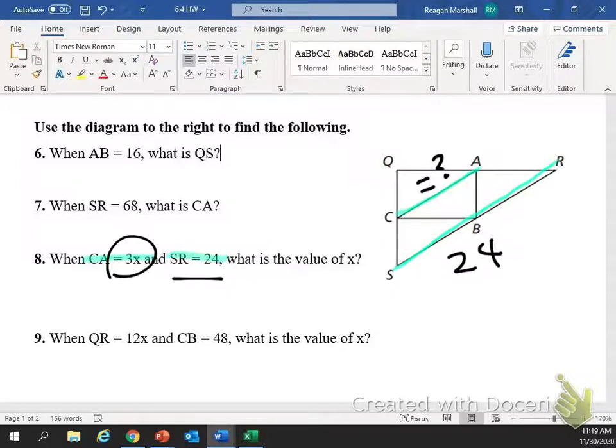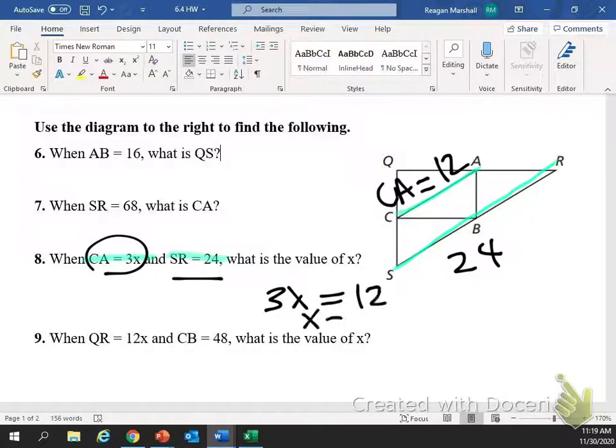So 3x will equal a number. Oh, 8. It does not equal 8. Just stop it. 12. Stop saying it out loud. Oh my gosh, it does. Okay, so the length of CA is 12. So to find x, I know CA equals 3x. So 3x equals 12. So x equals 4. That's as much as I'll help you on.